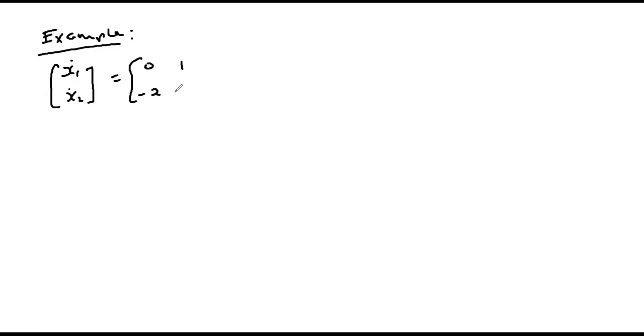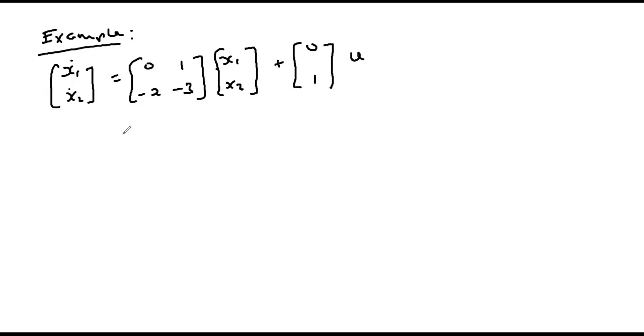Finally, I'll take an example. In the example, we are to obtain the time response of the state equation x1, x2 derivative equals [0, 1; -2, -3] times x1, x2, plus [0; 1] u, given that the input is a unit step input.